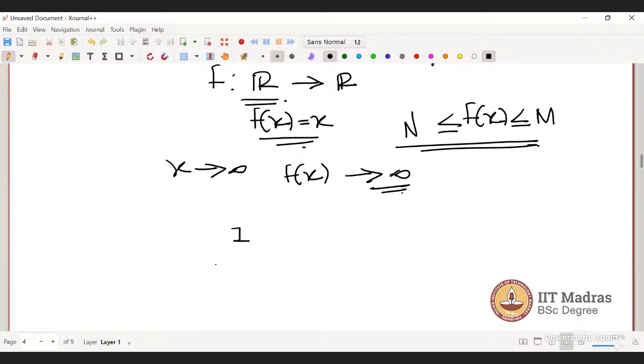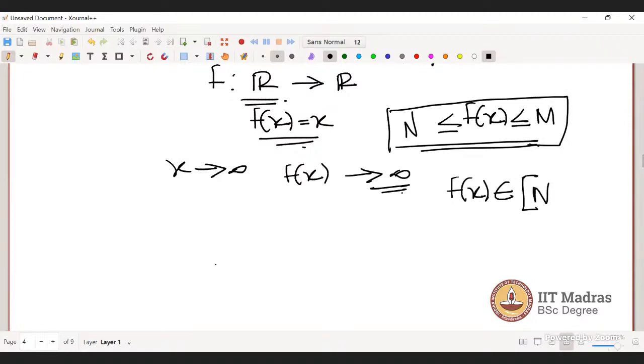Yes, sin x is bounded. So the domain can be the real line, but the range should be within limits for a bounded function. For a bounded function, the range should be in a fixed interval. As you can see here, the value of the function is in this interval, right?